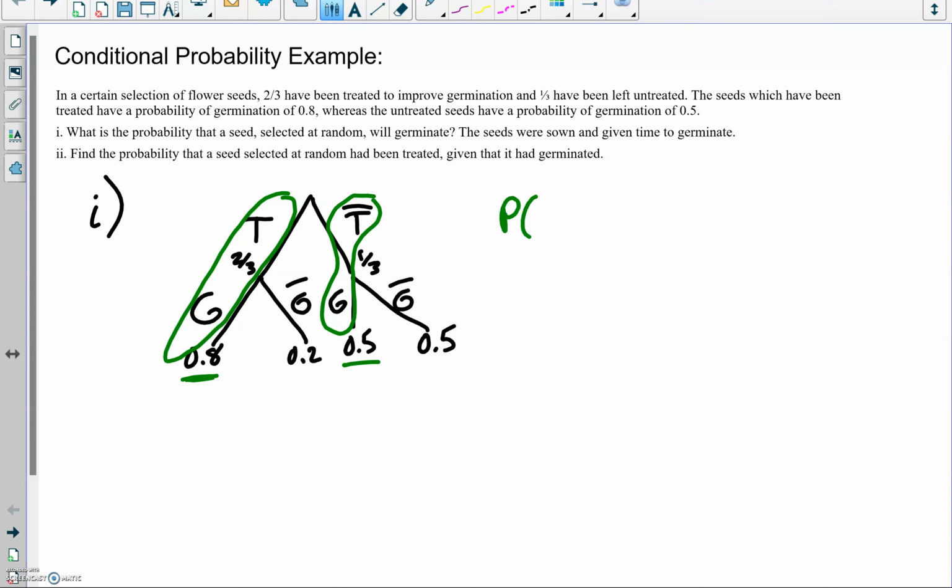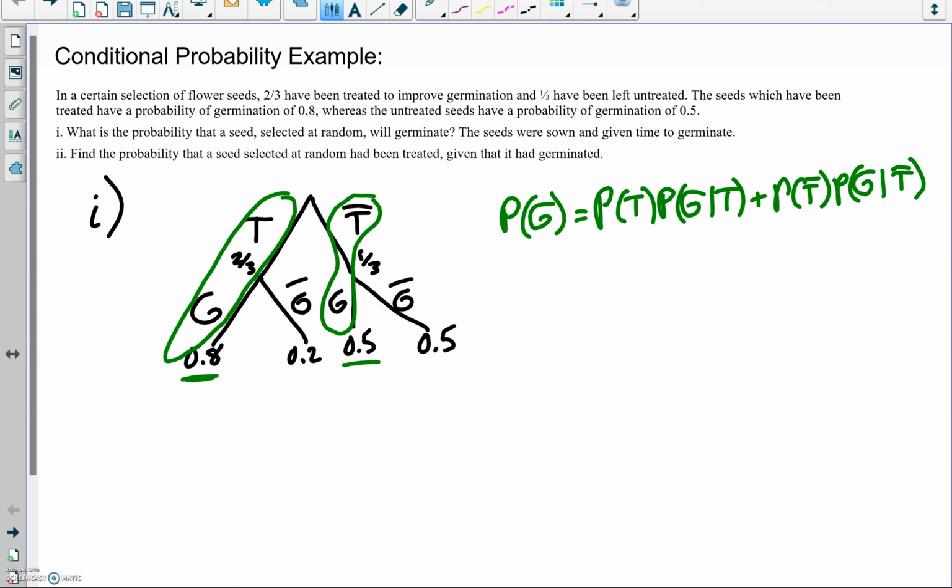Written in probability notation, the probability of germination is the probability that it was treated times the probability of germinating given that it was treated, plus the probability of not being treated times the probability of germinating given that it wasn't treated.